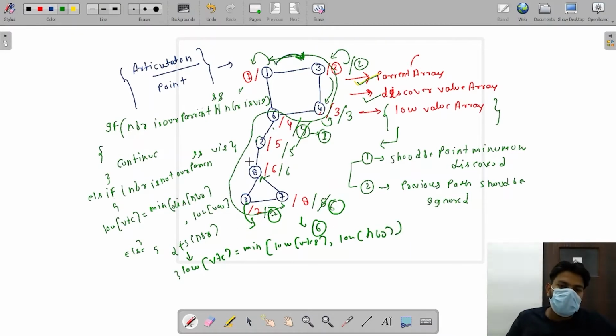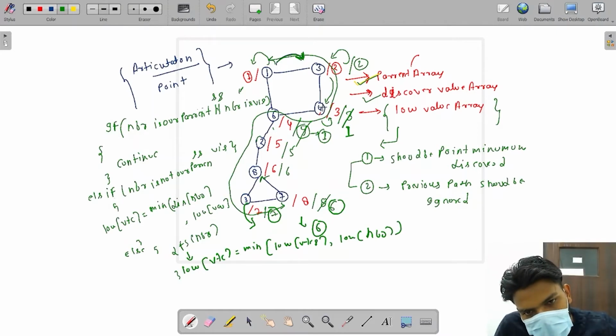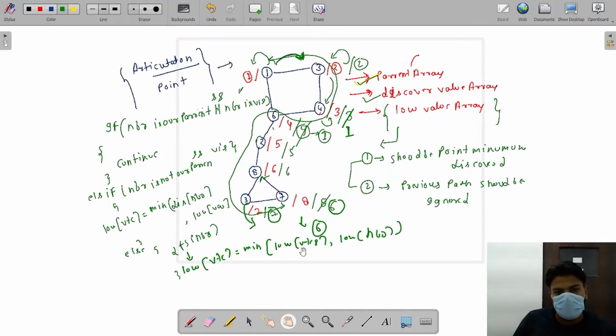So this is our post order. Same thing here, and we update this 3 with 1 because the low value of 6 is 1 and the low value of 3 is 3. After comparison in post order, 6 is a child of 4, so 4 updates its low value, which is 1. So you understand what I'm saying?